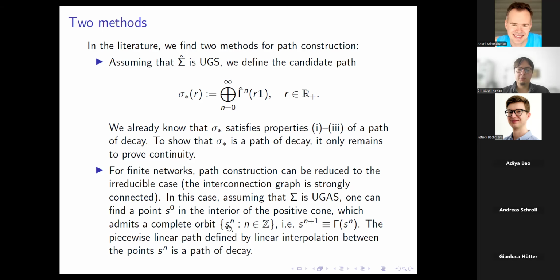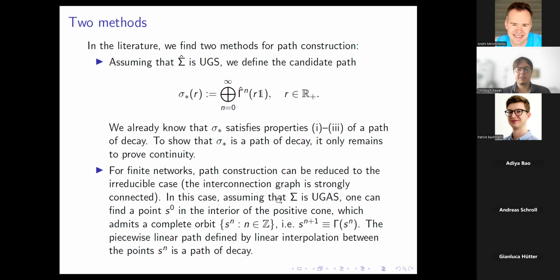Complete orbit means it goes forward and backward in time, so it has pre-images. This is this orbit Sn. If we connect all the points Sn by linear segments, we get a piecewise linear path. And this will actually be a path of decay. So those are the two methods.